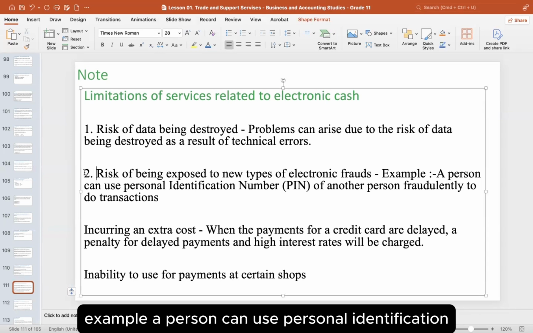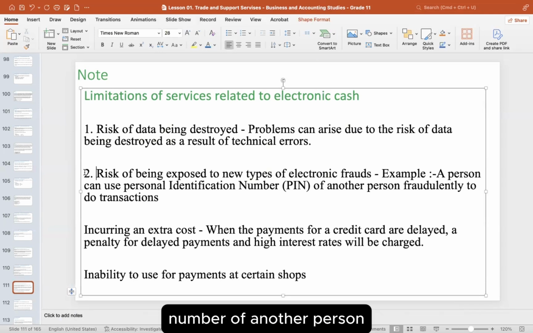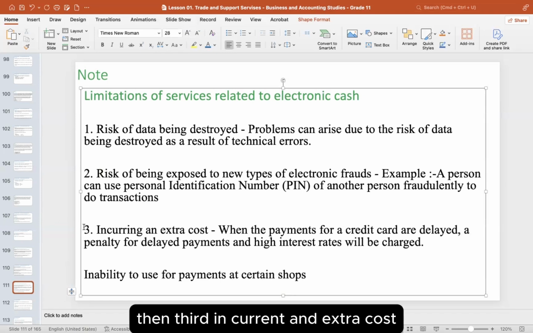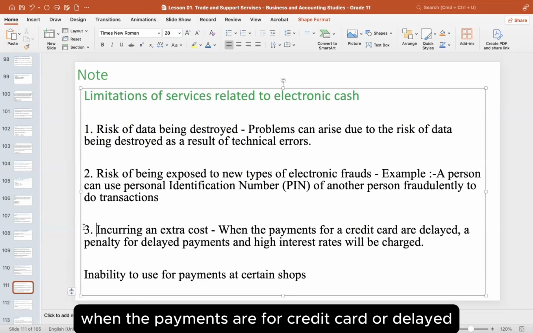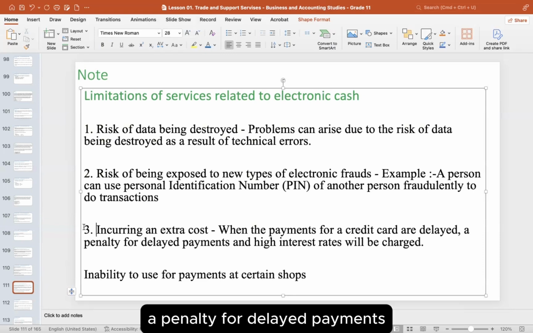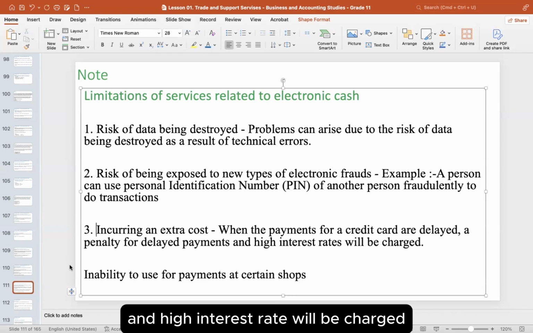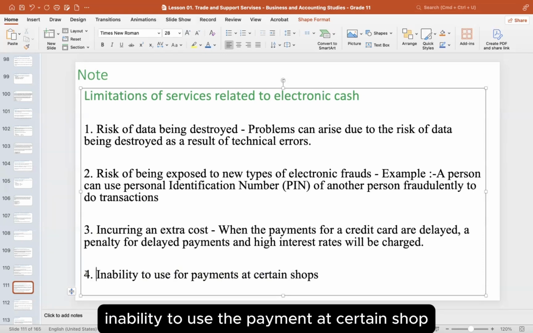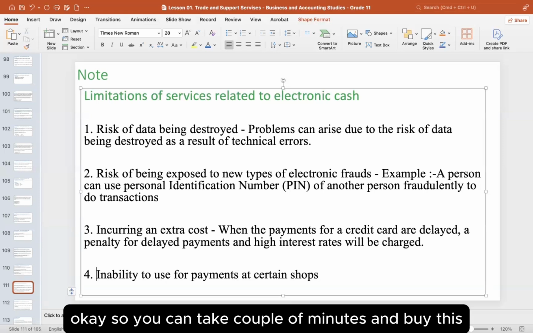Example, a person can use personal identification number of another person fraudulently to do the transaction. Then third, incurring an extra cost when the payments of a credit card are delayed. A penalty for delayed payments and high interest rate will be charged. And fourth, inability to use the payment at certain shop. Okay, so you can take a couple of minutes and write this.